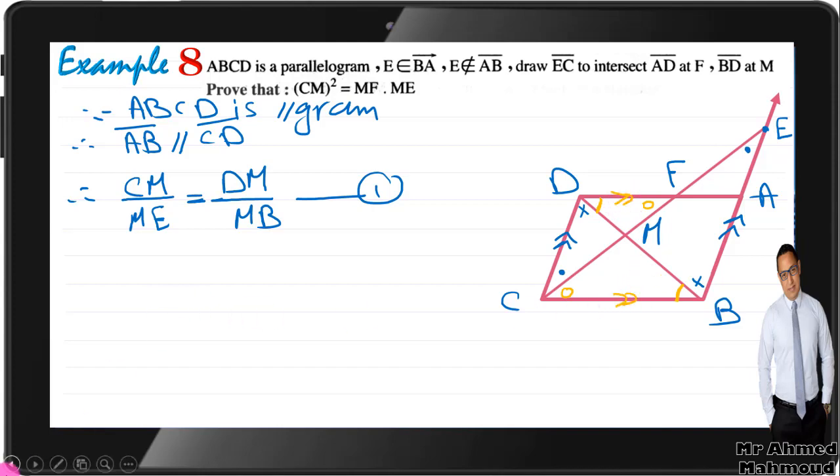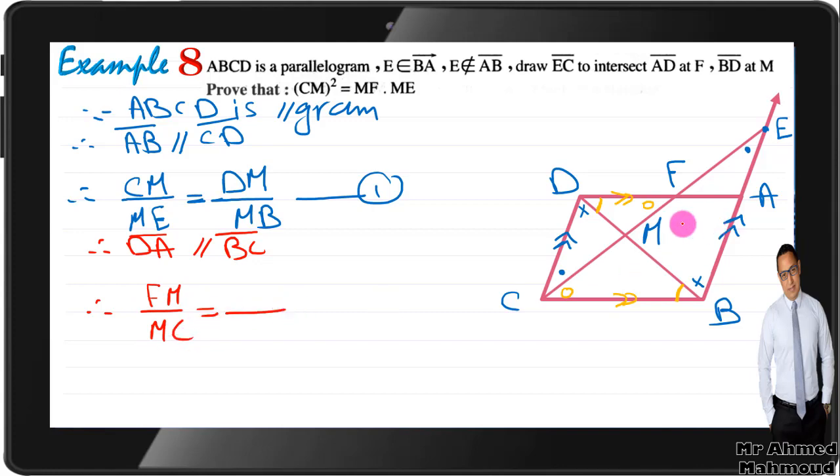Okay, the second part of the question, therefore DA is parallel to BC, therefore FM over MC equals what? FM over MC equals DM over MB. And this is number 2.